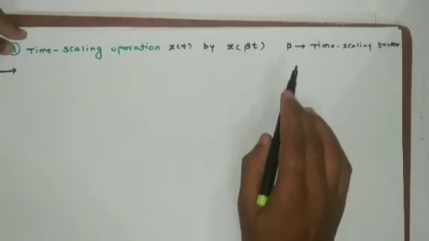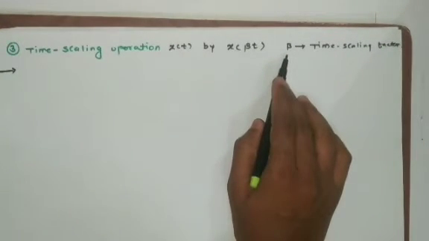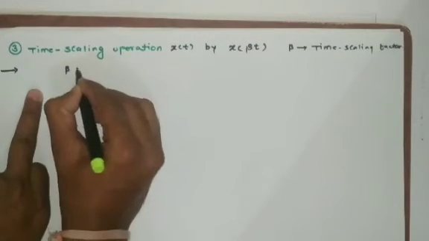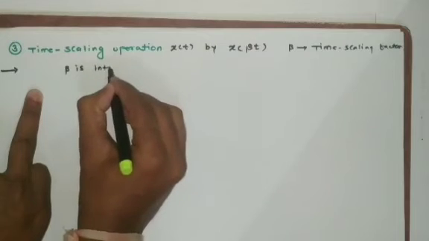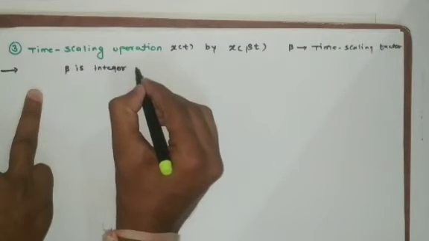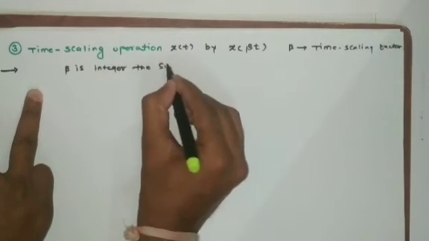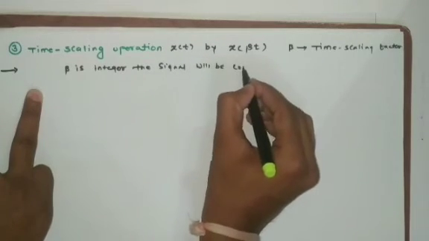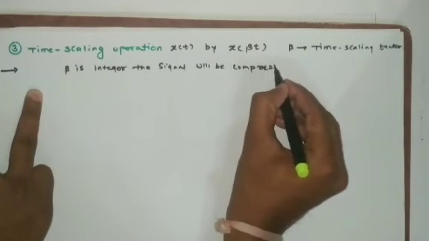Now beta can have two different kinds of values, it can be an integer or it can be a fraction. So based on that, if beta is an integer, the signal will be compressed. We'll see how it is compressed.